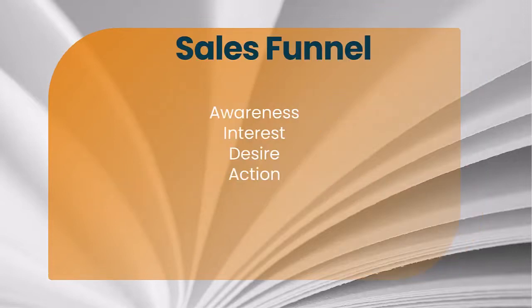The desire means they want you, they want to learn more information, they want to get a little bit deeper into the website. And then the action is the actual conversion of getting them to either call you, fill out a form, and do something that gets them closer to the purchase or giving up that information for the form fill.